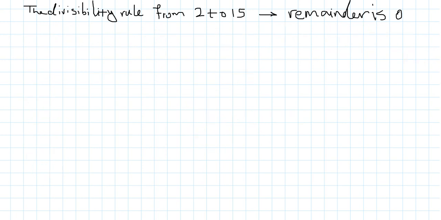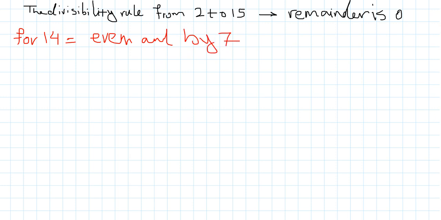Now I have the divisibility rule for 14. When a number is even and it is divisible by 7, it is divisible by 14. So it should be even and divisible by 7. So you should check the divisibility rule for 7.